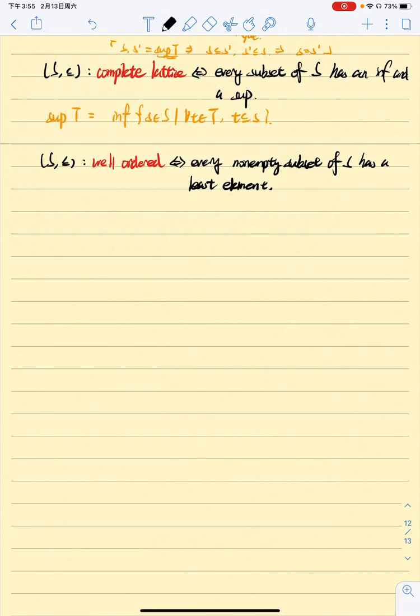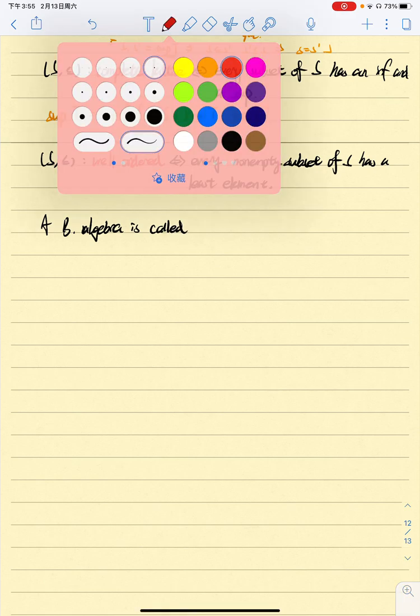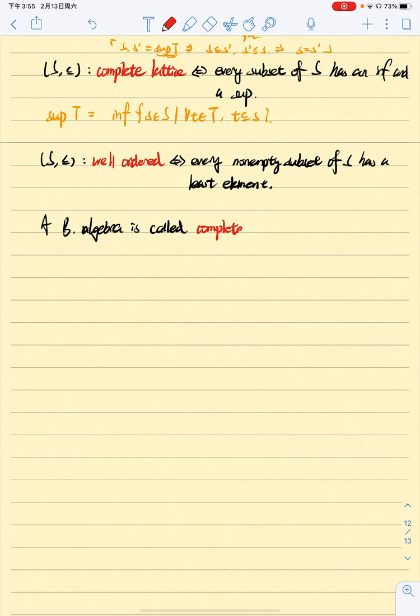And we call a Boolean algebra complete if it is complete as a lattice. Okay.